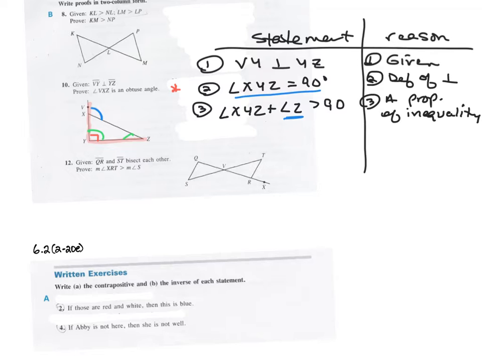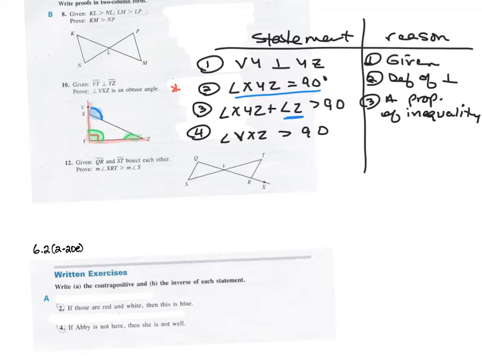Next, I'm going to show with the triangle inequality theorem that this exterior angle, VXZ, is greater than 90 degrees, because I know that these two green angles here equal this.